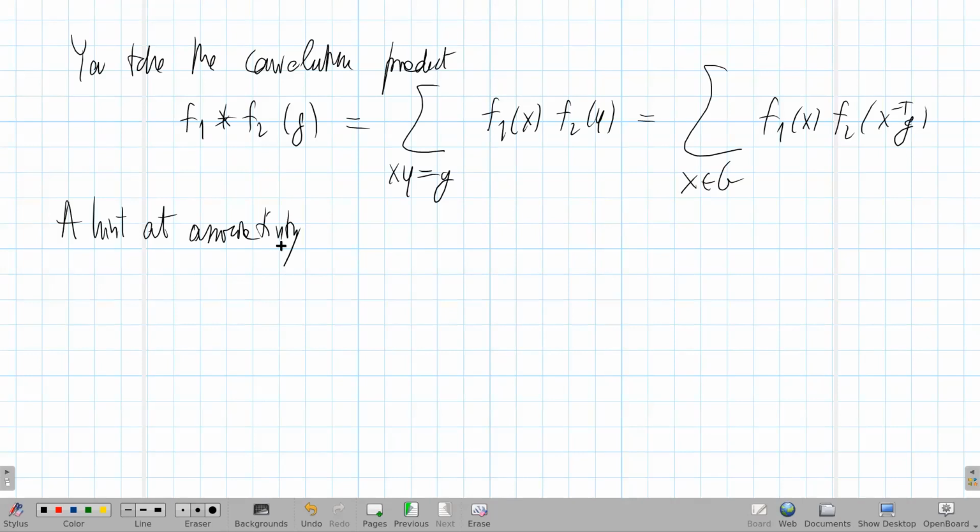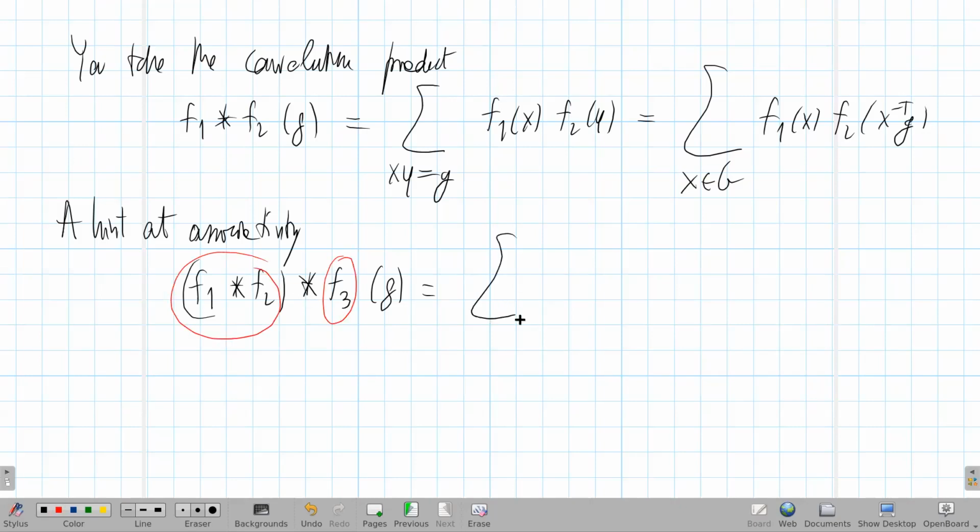Okay, how do you prove this? Well, you have three maps. You first do this product and then this one, and you apply it in G. So you have the convolution of this map and this map. By definition, this is the sum, and here I have to choose the arguments carefully.